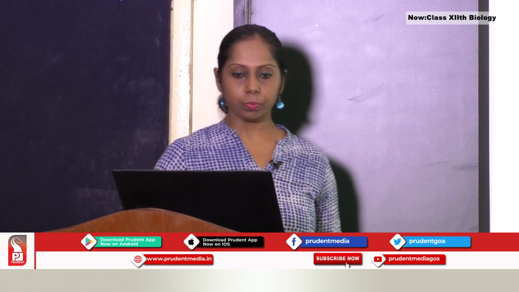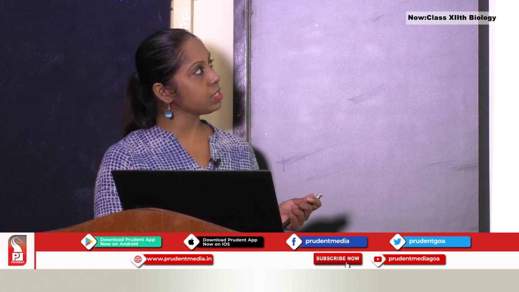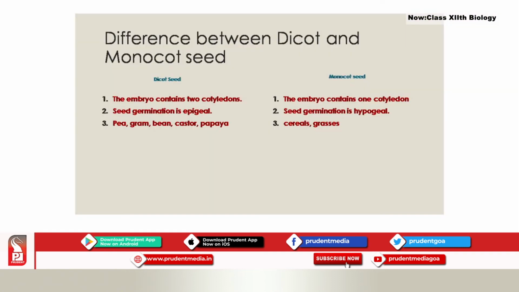You can see the differences between the dicot and the monocot seed now. The dicot seed carries two cotyledons, the monocot seed carries or contains one cotyledon. What are cotyledons? Nourishing or nutritive tissues in the seed. In a dicot seed, the germination is epigeal, and in a monocot seed, the seed germination is hypogeal. What is epigeal and hypogeal?